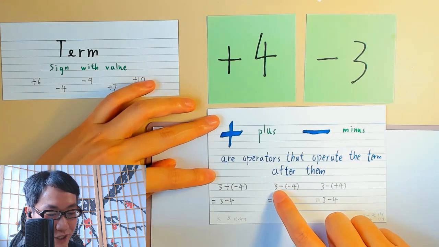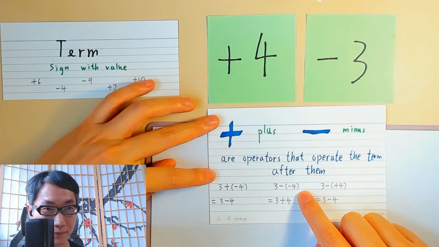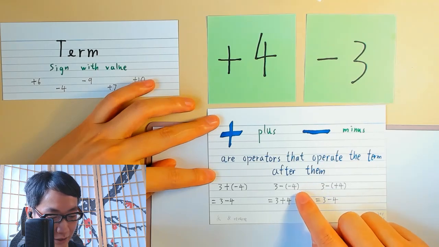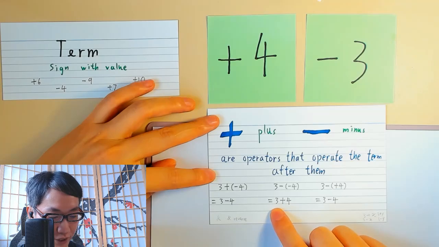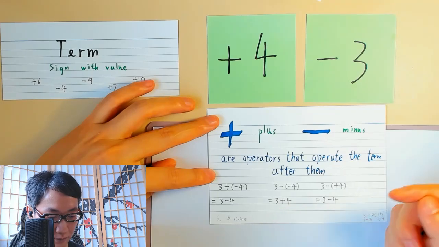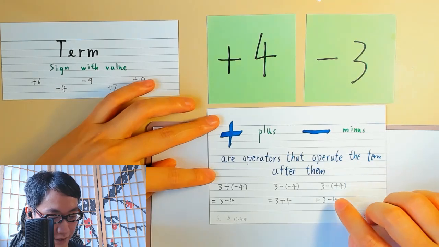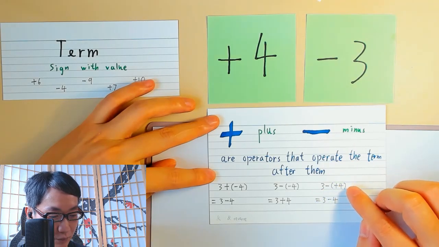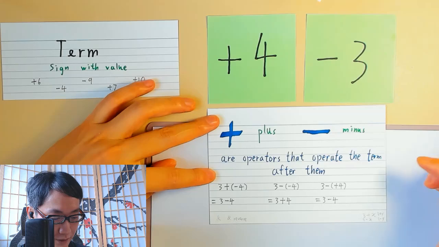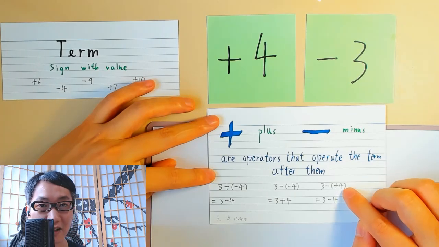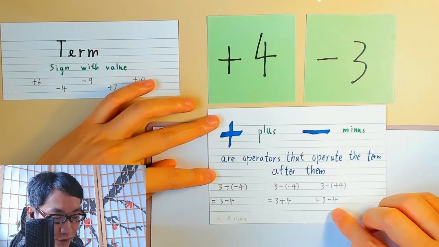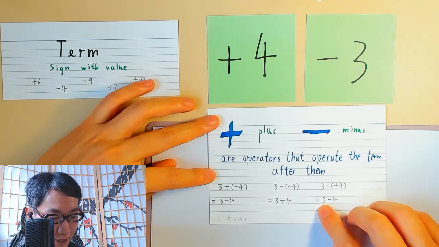In here we have 3 minus negative 4. And the reverse of negative 4 is positive 4. So then we have 3, positive 4. In here we have 3 minus positive 4. So we reverse the sign of positive 4, and then we have negative 4, following the 3.